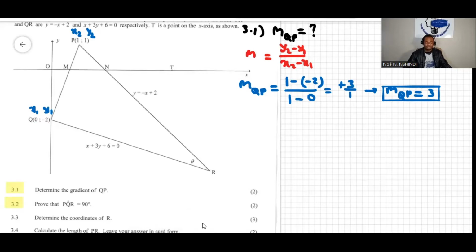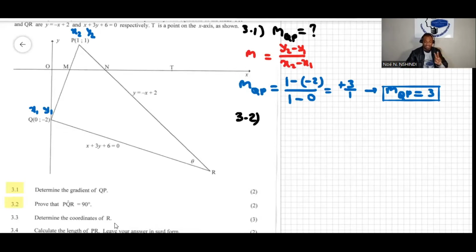Now we're going to do question 3.2. The question says prove that PQR is equal to 90 degrees. Well, two straight lines form an angle of 90 degrees if they are perpendicular to each other. I'm going to write the question here, 3.2.